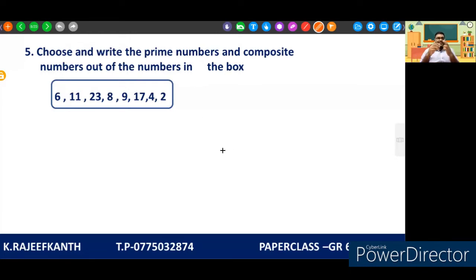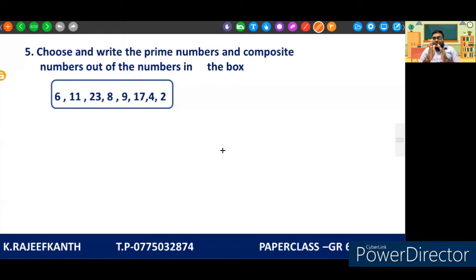Right, okay. Here, what is a prime number? First, we have to know about prime numbers, then we will know about composite numbers. Already you have learned, but I will recall that knowledge. If a number can be divided without remainder by 1 and itself, that means if a number is divisible by 1 and itself, then that number is a prime number.